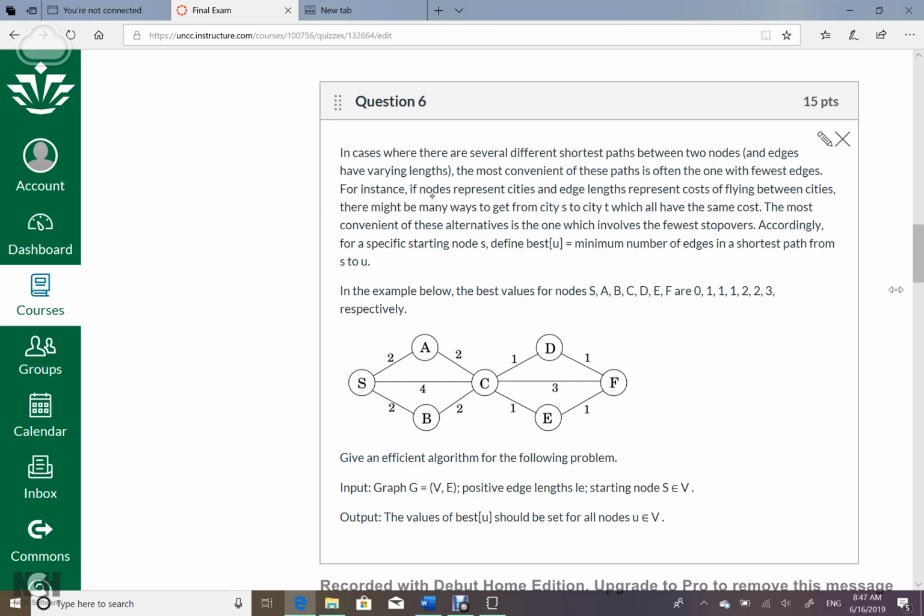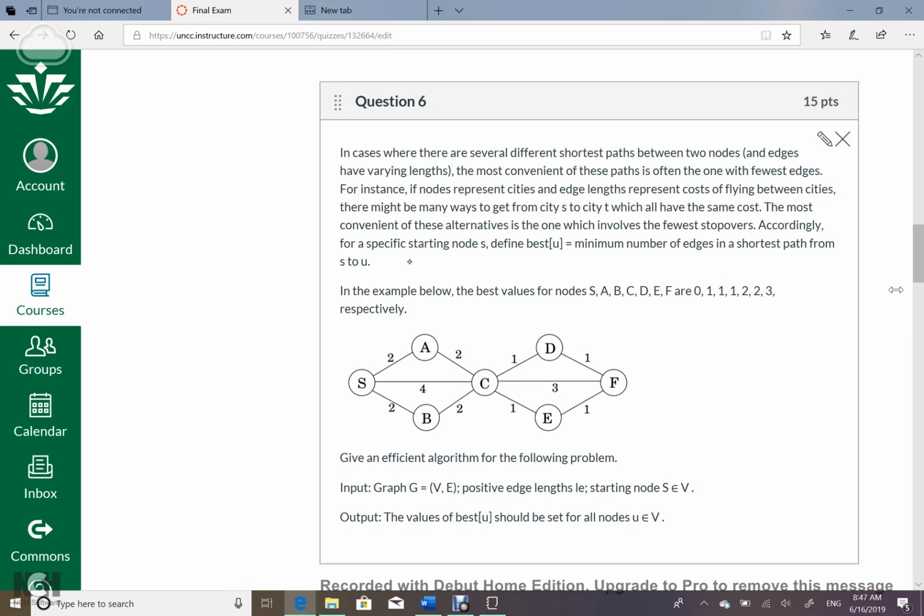For instance, if nodes represent cities, edge lengths represent the cost of flying between cities. There might be many ways to get from city S to city T, which all have the same cost. The most convenient of these alternatives is the one which involves the fewest stopovers.